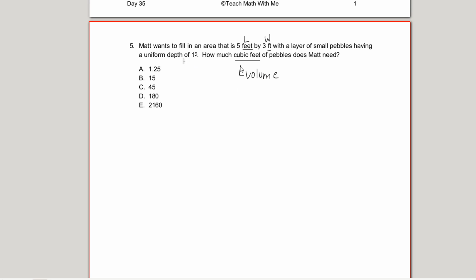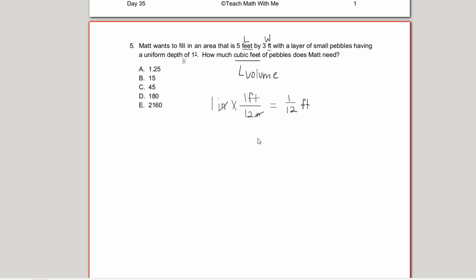If we can get everything in the same unit, we can multiply that and find how much he's going to need. Since the answer is in cubic feet, let's change everything to feet. 1 inch, we know that there are 12 inches in 1 foot, so we have 1/12 feet.